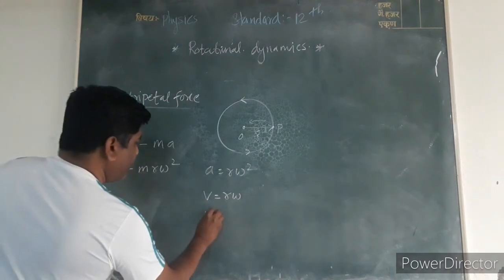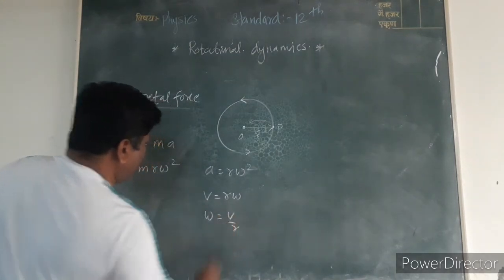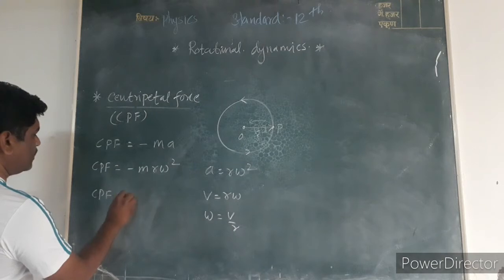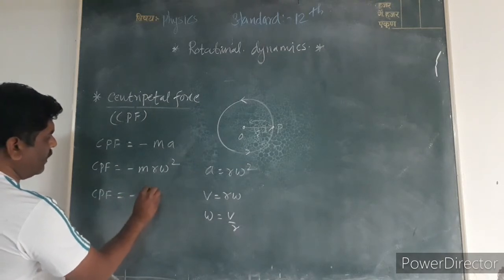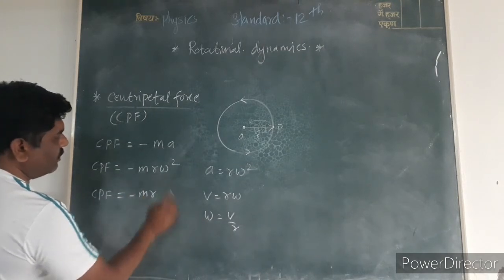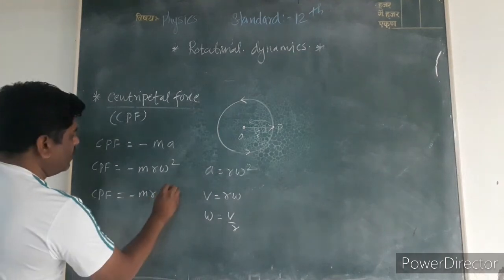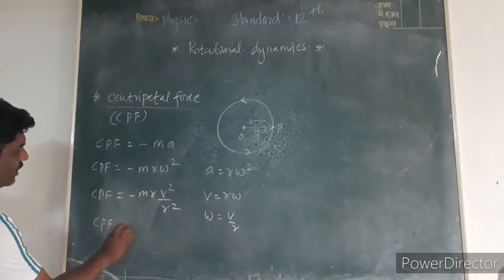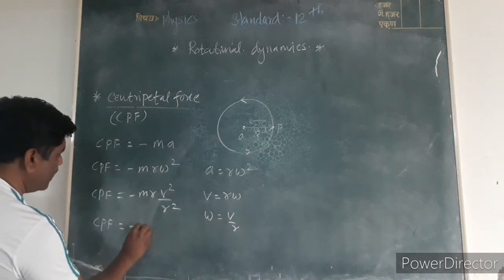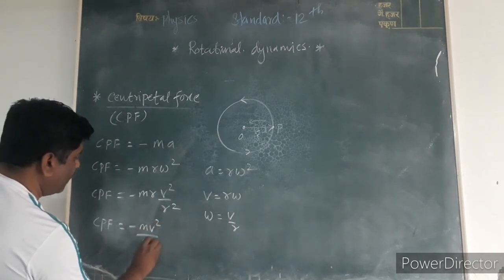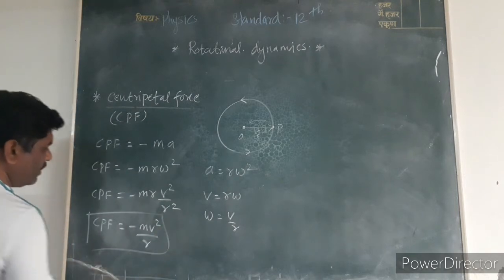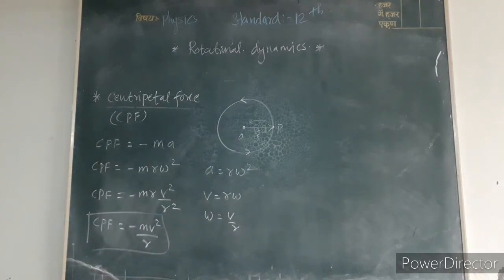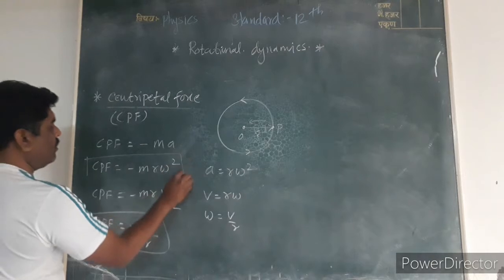Therefore, omega is equal to v upon r. Therefore, minus m r, instead of omega square, we can write v square upon r square. Therefore, CPF is equal to, r cancels, minus m v square upon r. This is another formula of centripetal force.